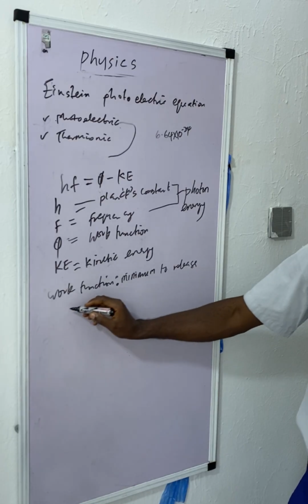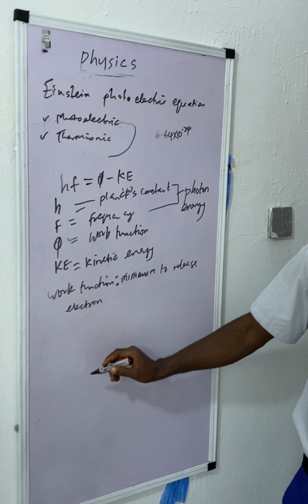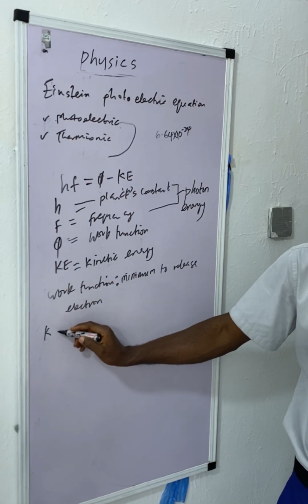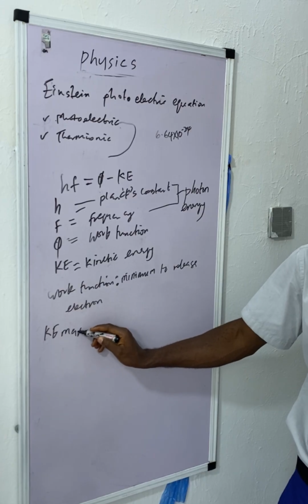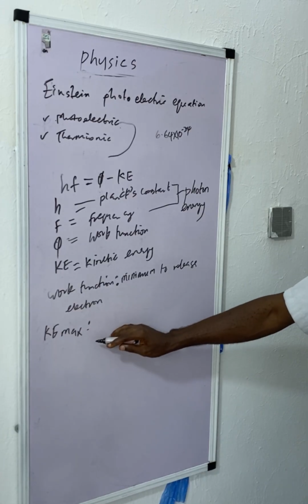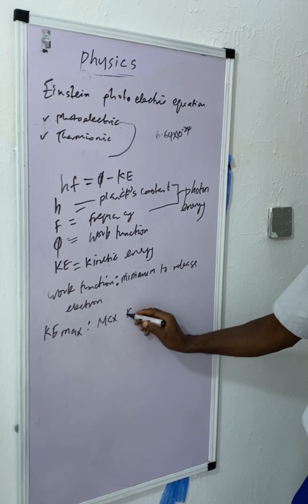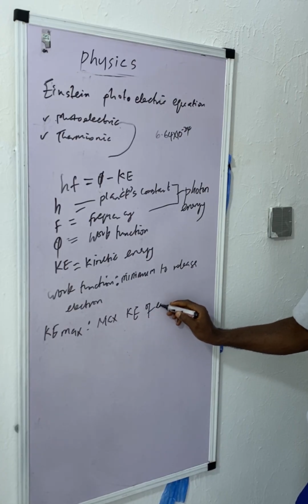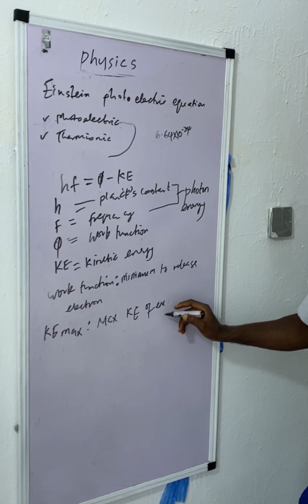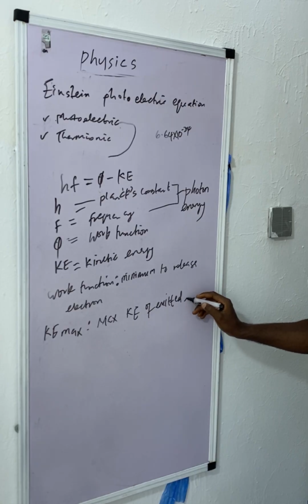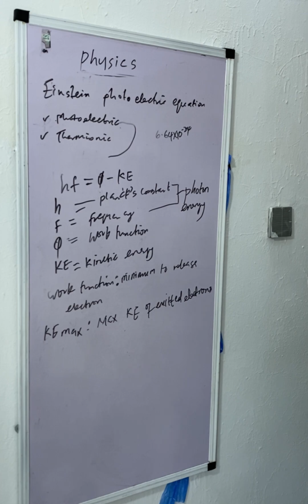Then this one, Ke, usually represented as Ke max, is what? The maximum kinetic energy of the emitted electron. So the max Ke of emitted electrons. Okay, so that's that for this.